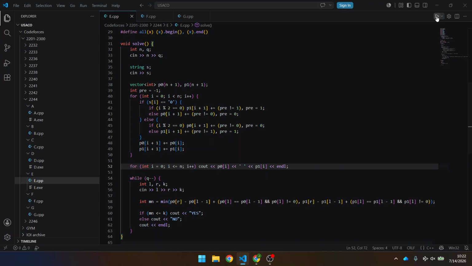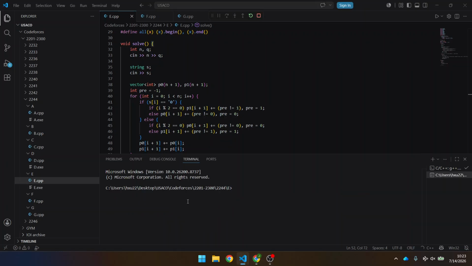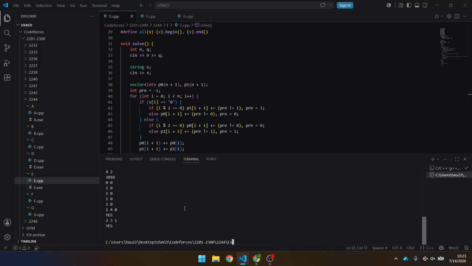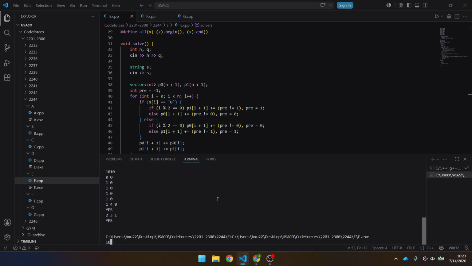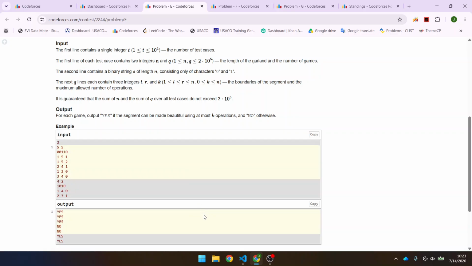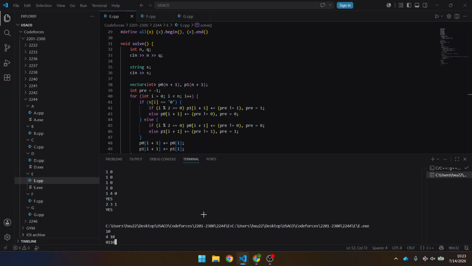Alright, so we make prefixes. Something like, let's just do 4: 0, 1, 1, 0.